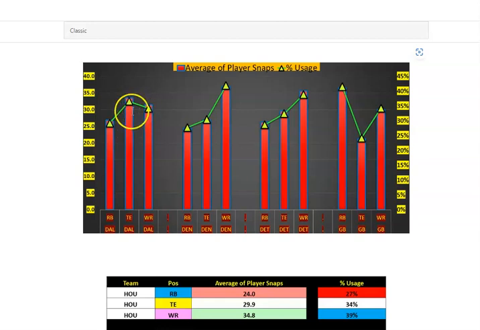I think they're putting too much on the tight end, and they should be more wide receiver heavy there. But with Dak gone, this is kind of what they're morphing into, and I just don't think that's an efficient pattern. Denver, Russell Wilson's putting all his eggs in the wide receiver basket, folks.